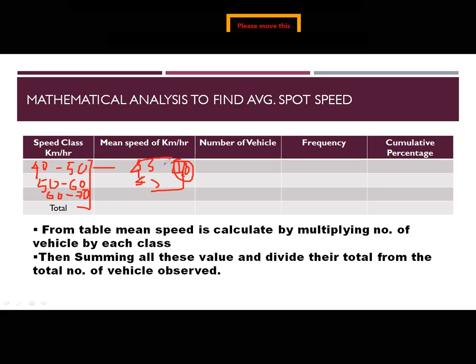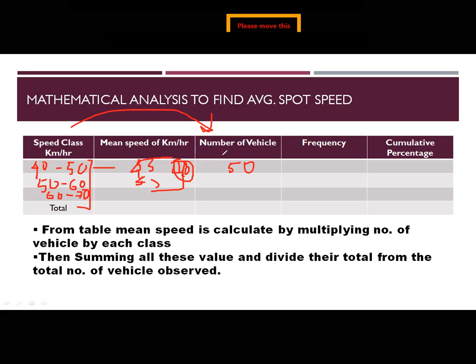Then we keep the number of vehicles traveling in the particular speed class. Some vehicles are at 41, 42, 43. All these vehicles are counted in this particular class, and consider that this is 50 vehicles.